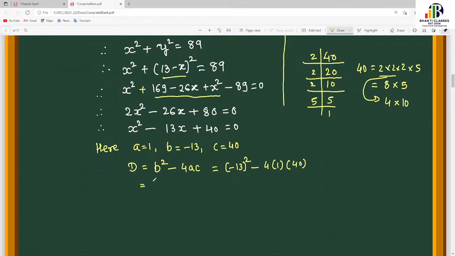So it is 169 minus 160. So we will have 9 over there. So root of delta is equal to plus or minus 3.